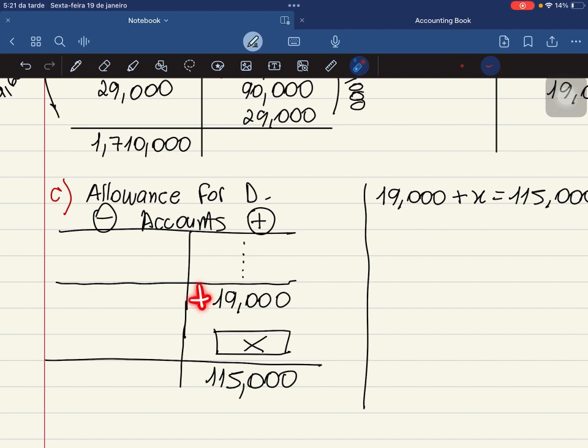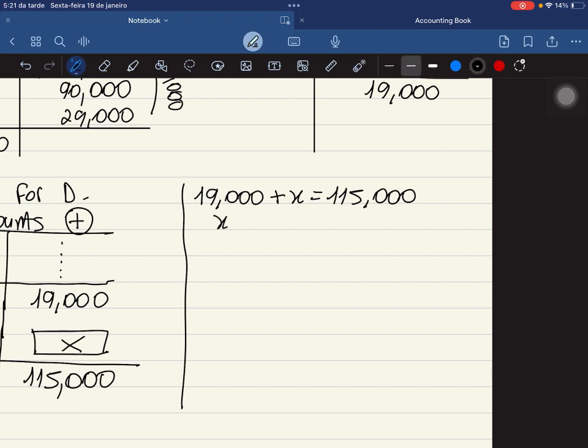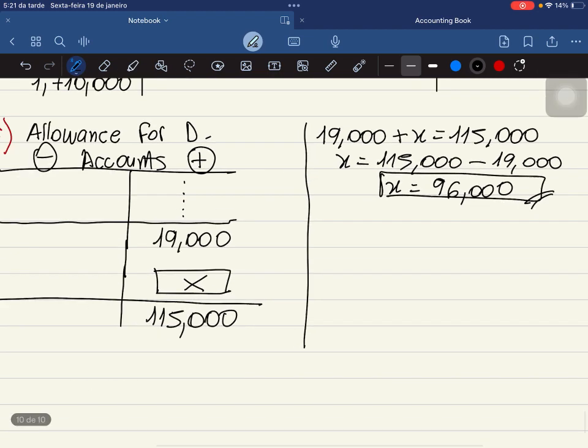Since it is here, we are on the plus side, like that. So we're going to have x equals 115,000 minus 19,000. That is 96,000. And this is my bad debt expense.